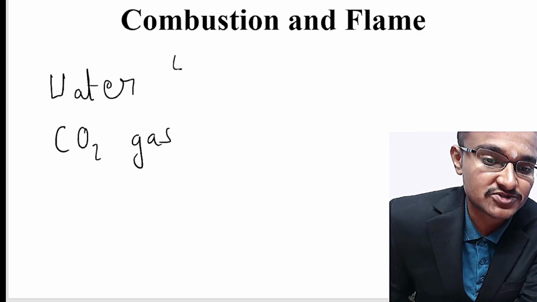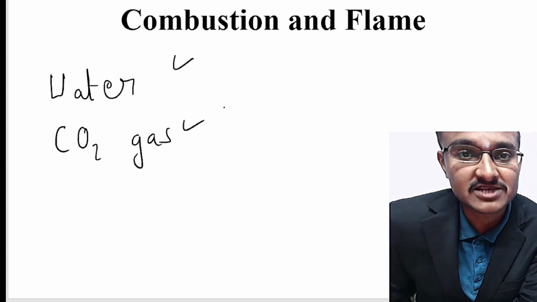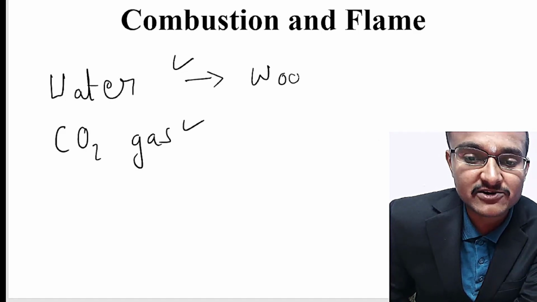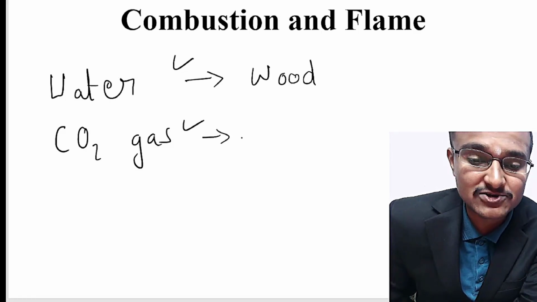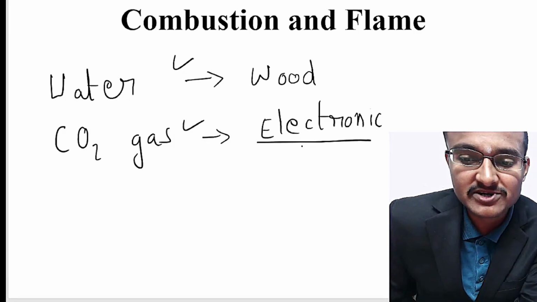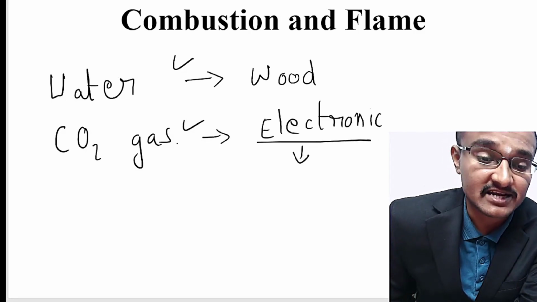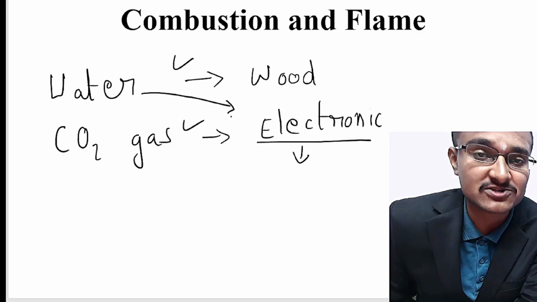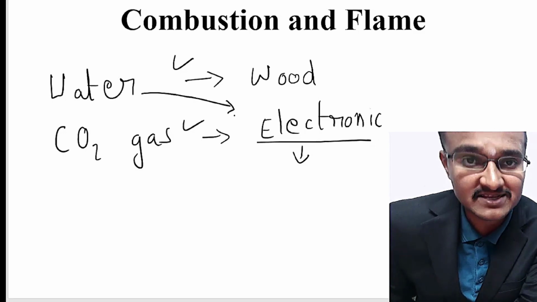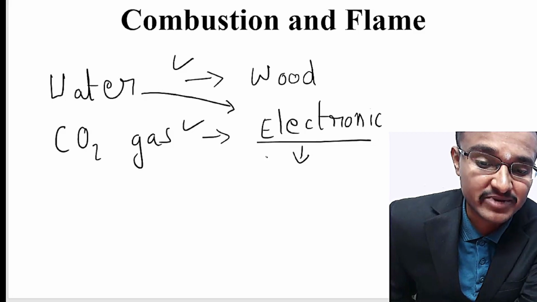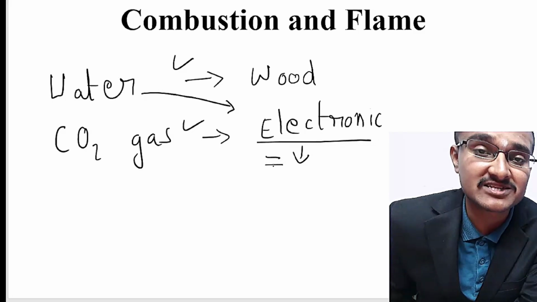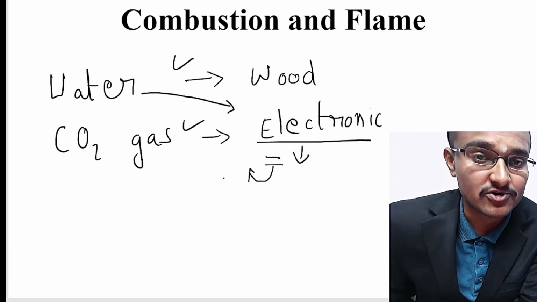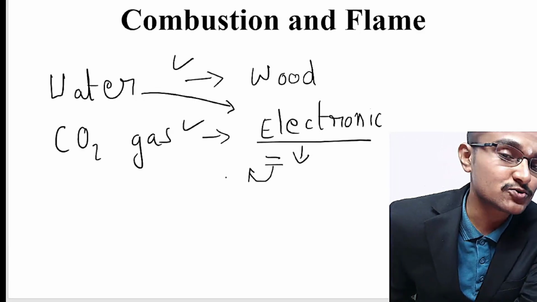Why is water used sometimes and CO2 gas used other times? Because water is more than enough for wood and paper kinds of things. But when you have some electronic gadget, these gadgets contain electricity. So if you try to use water to extinguish a fire which has caught on these electronic gadgets, then the electricity present in them will start flowing through that water, and wherever the water is spilled on the floor, electricity starts flowing through that water.